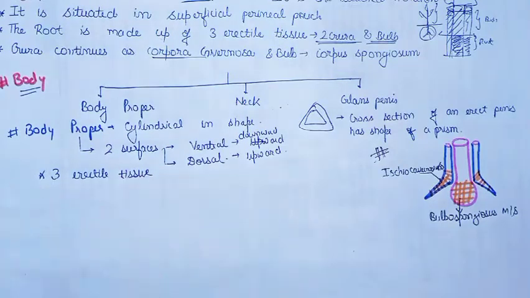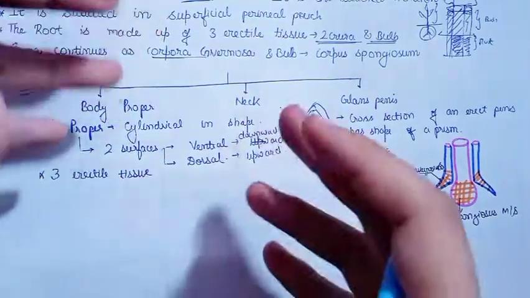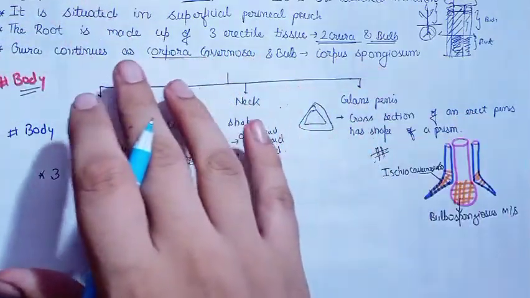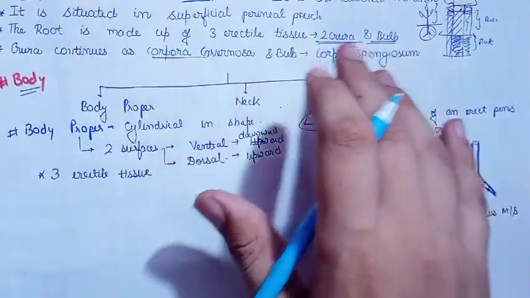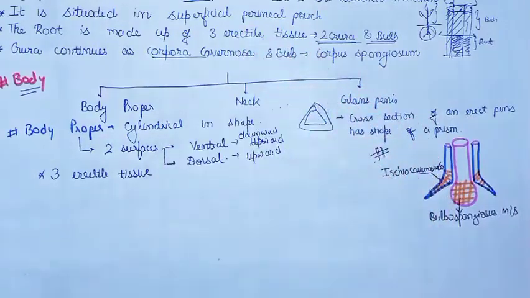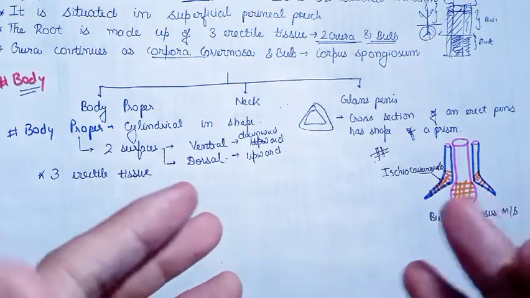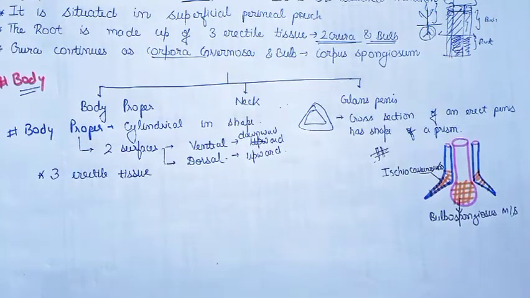Tell about the continuation, that is, the corpora cavernosa are the continuation of the crura and the corpus spongiosum is the continuation of the bulb of the root of the penis, and tell about the erection of the penis, where these masses become engorged with blood leading to the enlargement. So this point also you can add to your notes.